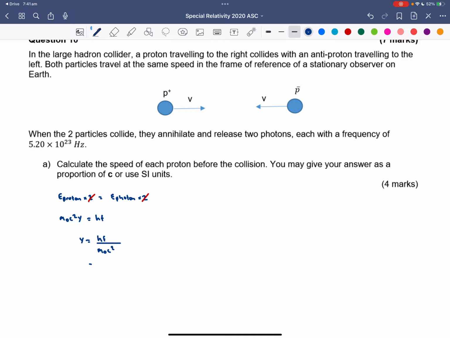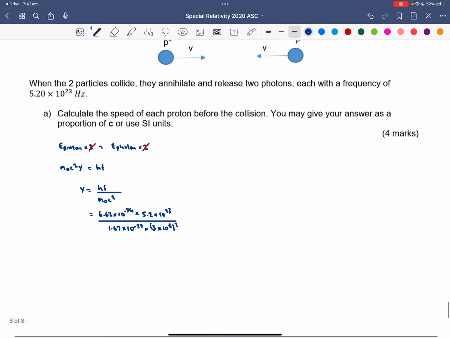So h is Planck's constant, frequency is 5.2 times 10 to the 23, all over mc squared. So the mass of a proton, 1.67 times 10 to the negative 27, times the speed of light squared, so 3 times 10 to the 8 squared. That will allow me to work out what Lorentz is.